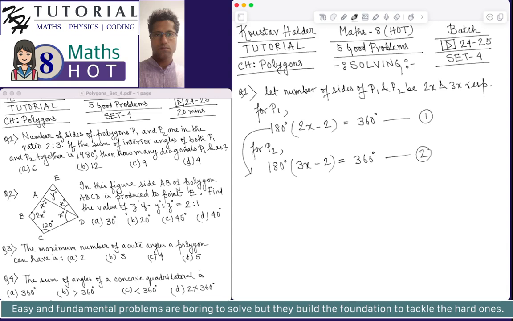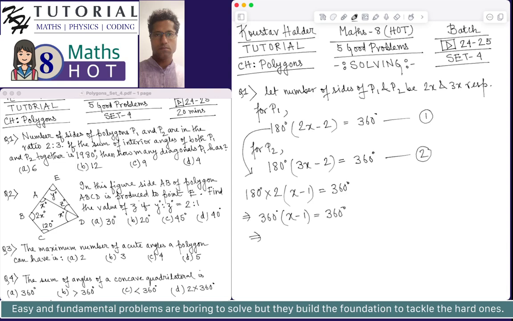1980 degrees. Anyway, from equation 1 we can see that if we take 2 common, we get 180 degrees multiplied by 2 multiplied by x minus 1 is equal to 360 degrees. Simplifying the left hand side, 180 degrees multiplied by 2 is 360 degrees. So 360 degrees multiplied by x minus 1 is equal to 360 degrees.